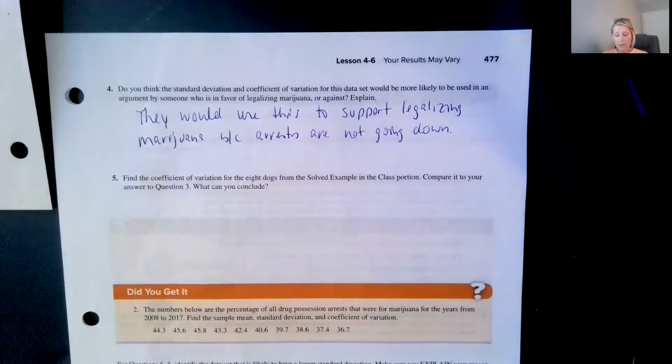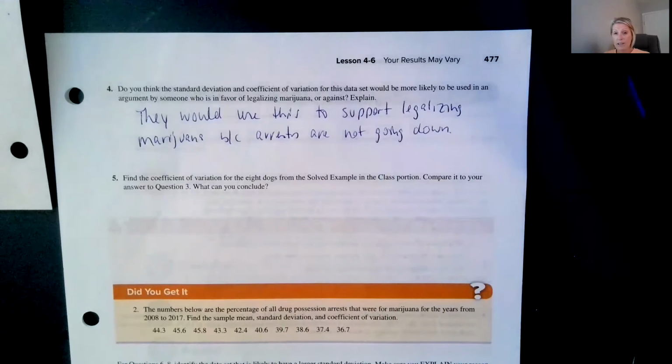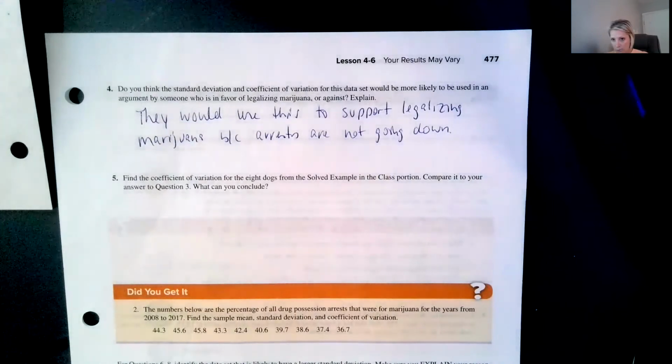Now, if they look at the number of arrests in the last couple of years, like here in Michigan, since now marijuana is legal, then those number of arrests should go down. And so then our variation should go up because there used to be higher arrests and now there should be lower arrests, but we don't really have that data yet.